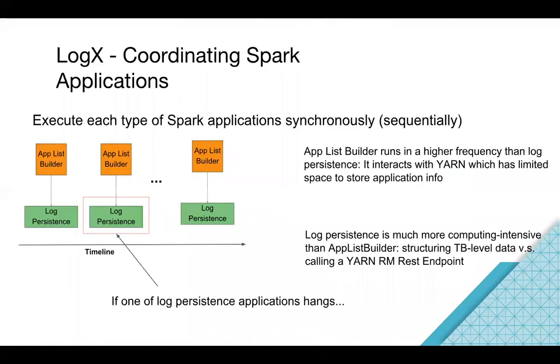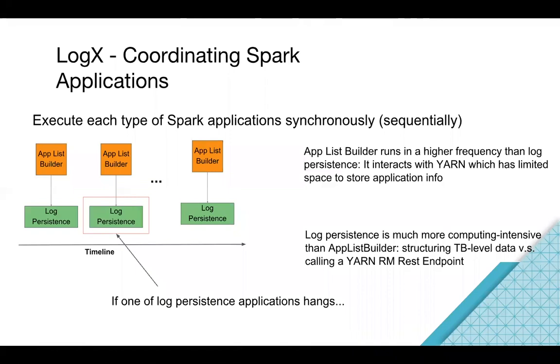In most pipelines, the coordination of different tasks is pretty simple: do the first one, second one, third one, fourth one, and then go back to 1, 2, 3, 4. So here, let's take the app list builder, which interacts with YARN, and log persistence, which transforms logs, as an example.